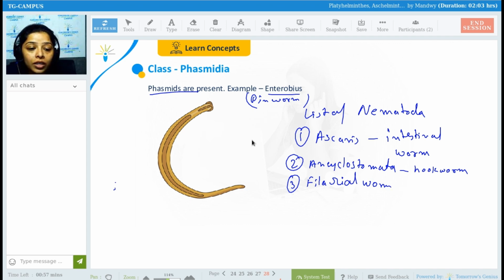This filarial worm causes elephantiasis, where the limbs become elephant-like. Okay, so these are the examples of nematodes.